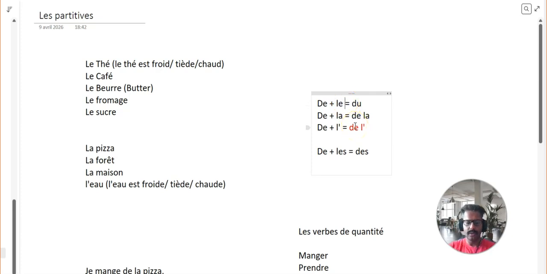Example: de plus le thé becomes du thé. Then de plus la pizza, the noun here is pizza, which is feminine, so it becomes de la pizza. After that comes l'hôtel, because the H is silent in French, so that becomes de l'hôtel.